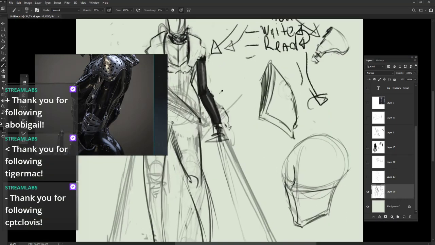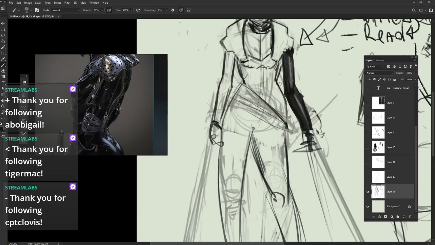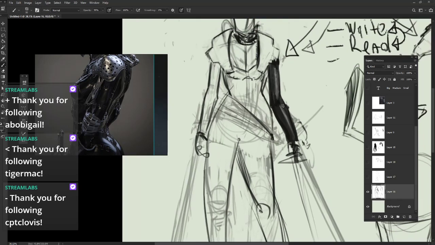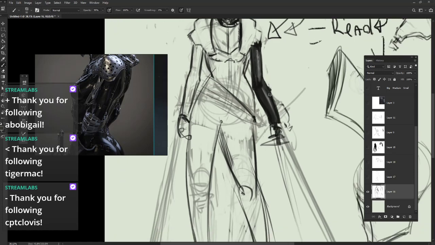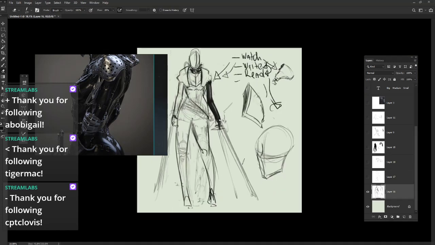Looks neat. Now I want the armor on top of it. Maybe here's something. Add much more stuff. What could probably help this character to breathe a little bit. I really like the pose now.